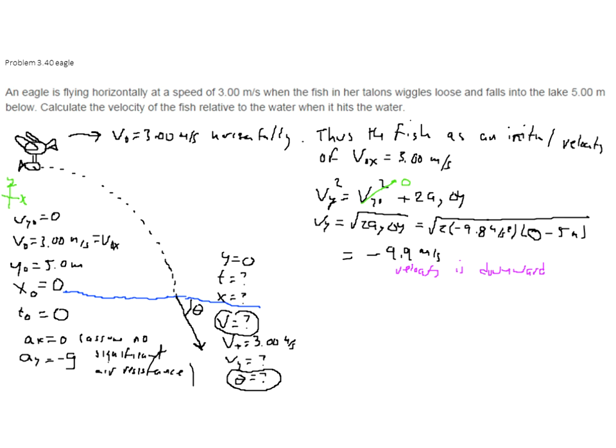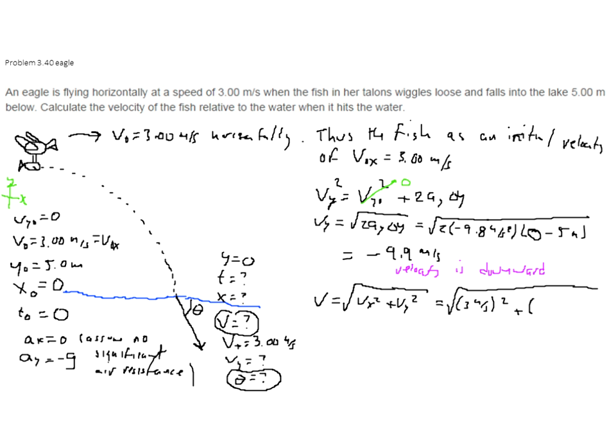So to figure this out then, V is equal to the square root of Vx squared plus Vy squared, which is the square root of 3 meters per second, quantity squared.